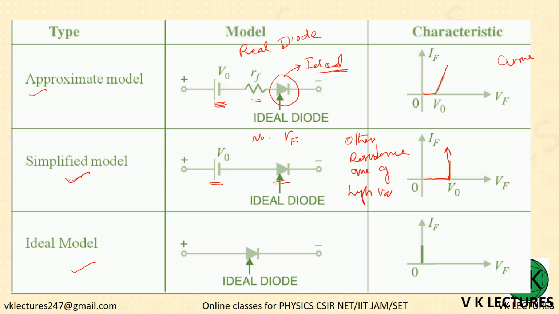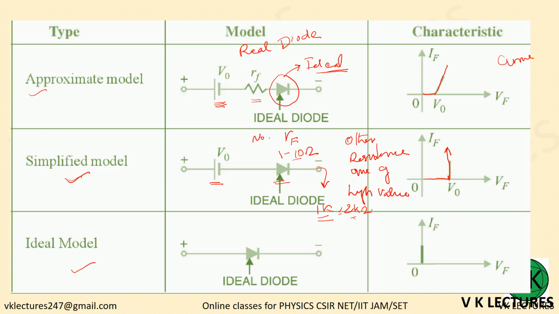Now this RF value, this forward resistance, will be 1 to 10 ohms. And this diode is being used in a circuit where there are 1k, 2k ohm, 2k ohm resistances. Then compared to this 1k and 2k, this 10 ohm is a very negligible resistance.